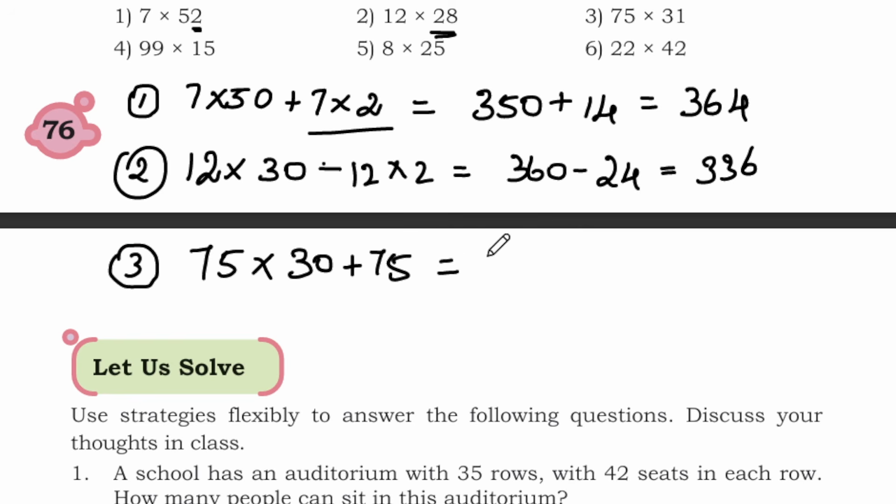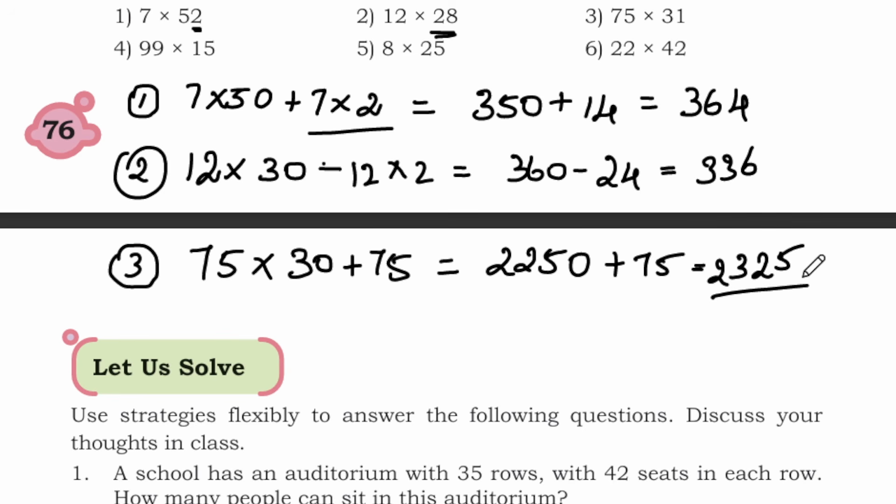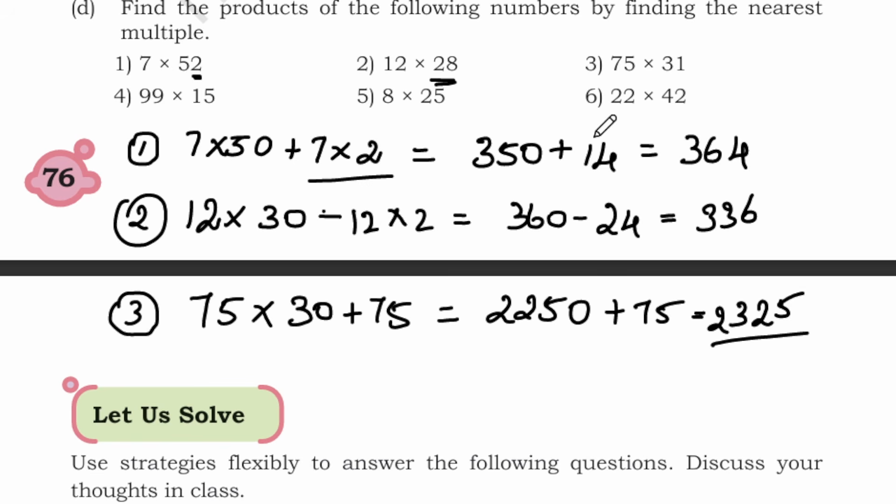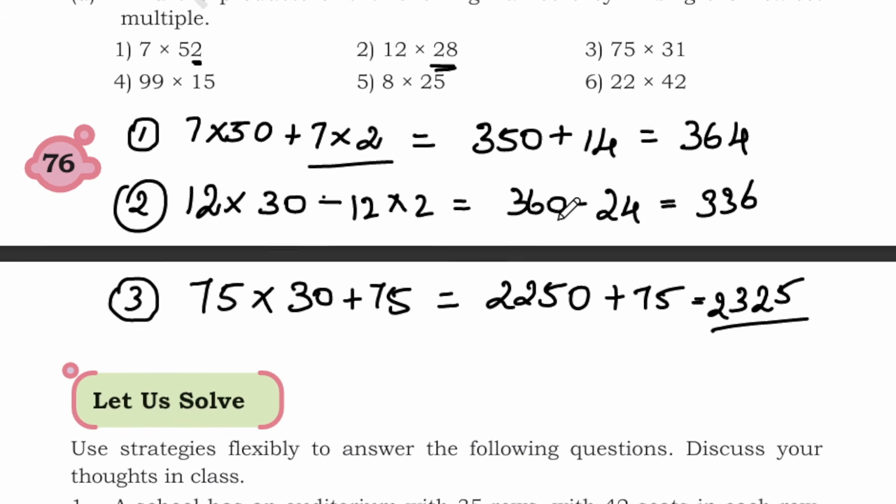Now 75 into 30 is 2250 plus 75, which is 2325. Okay, so the balance sums you can do, students, very easy. It's not going to be difficult. You can do it very easily.